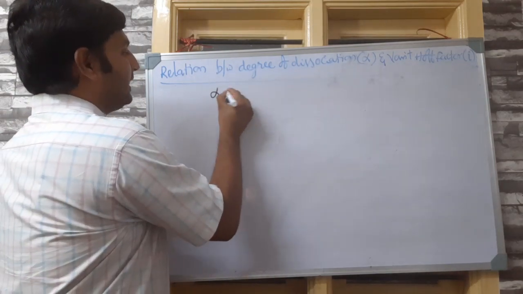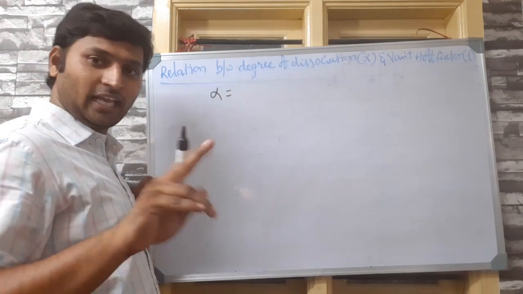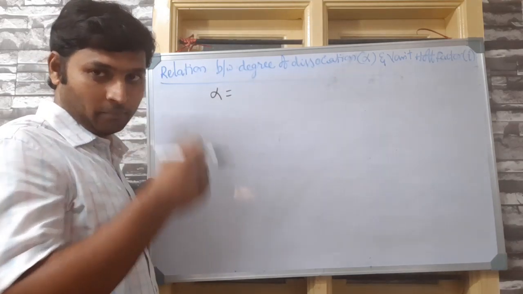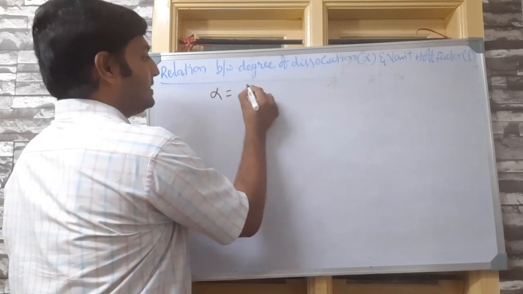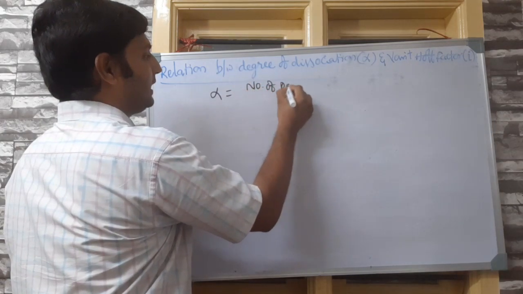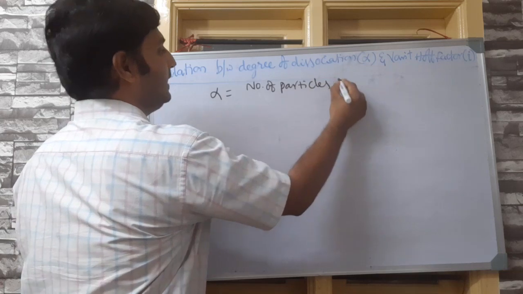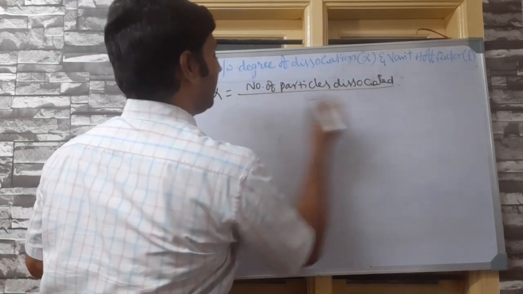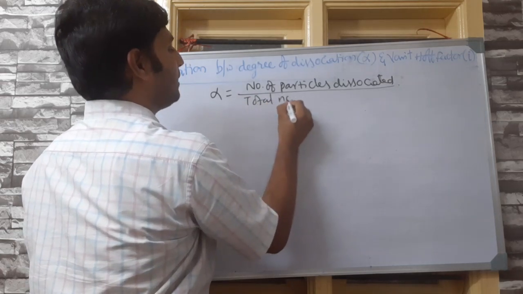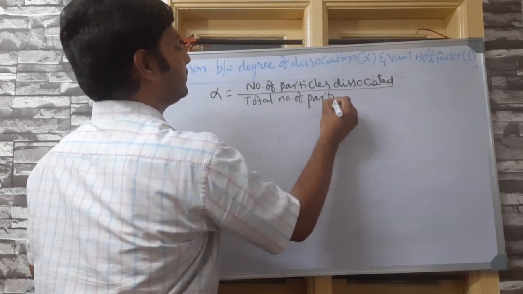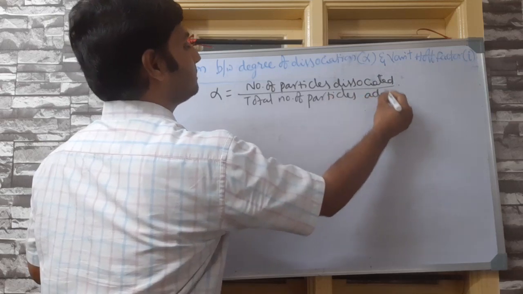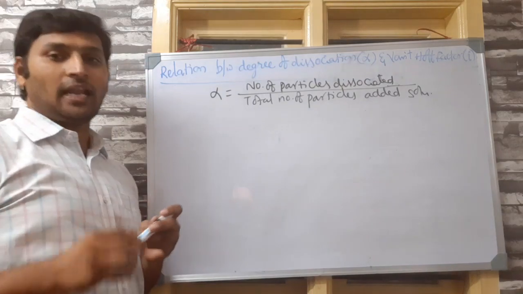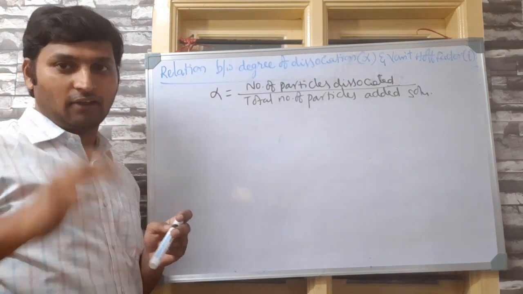Degree of dissociation or ionization, I gave you the difference between dissociation and ionization in the beginning of this chapter, if you remember, is the number of particles dissociated divided by total number of particles added to solution. That is called alpha.